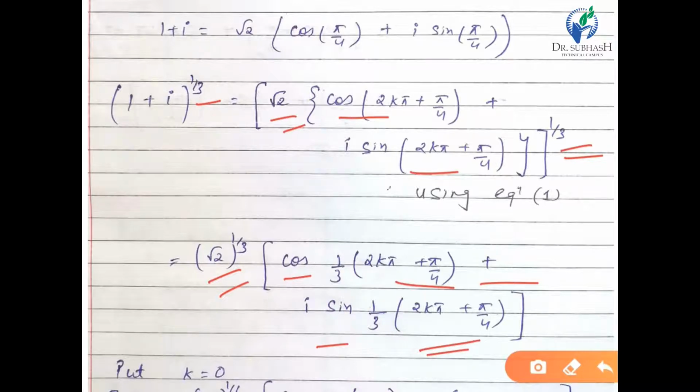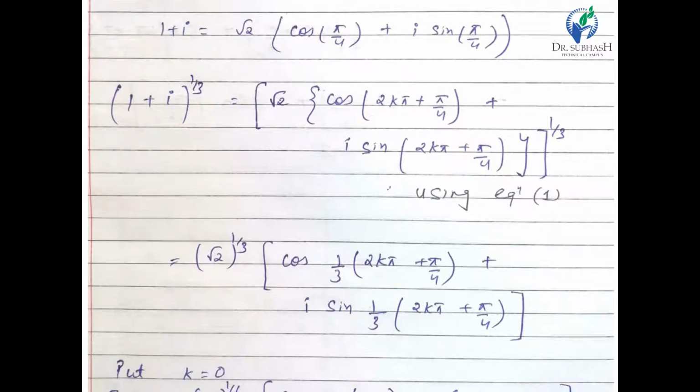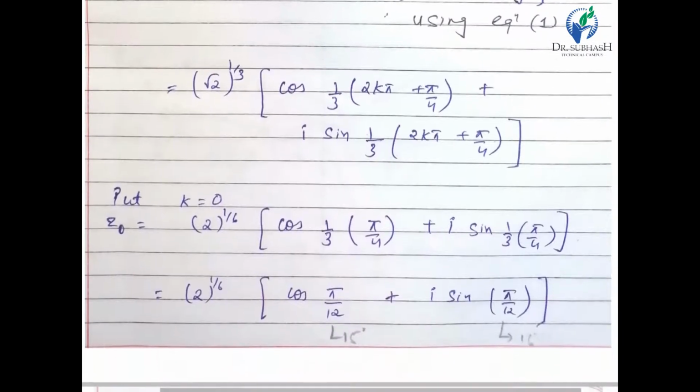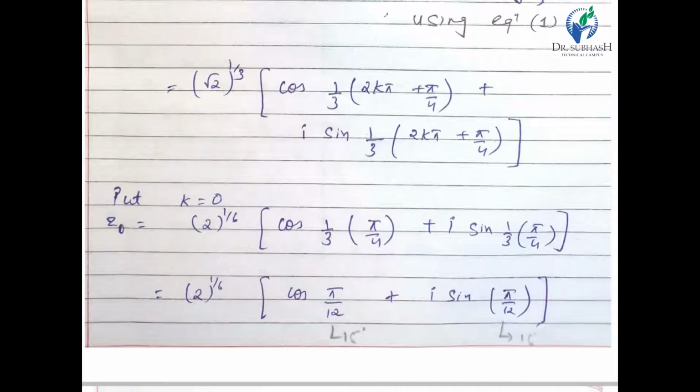This is the use of De Moivre's formula. Now, since the power is 1 by 3, we have to take n minus 1 values starting from 0. So first we put k equal to 0, k equal to 1 and k equal to 2 in this equation of k. Root 2 raised to 1 by 3 can be written as 2 raised to 1 by 6.